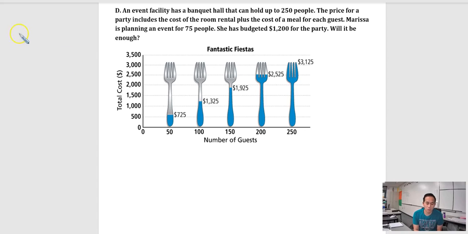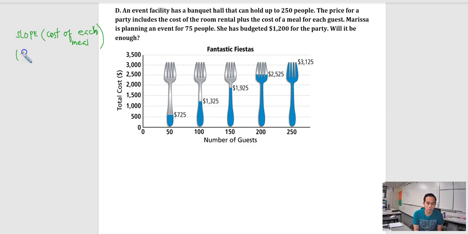So I'm going to solve for the slope. Whatever we get here will be the cost of each meal. So I'm going to get any 2 points.